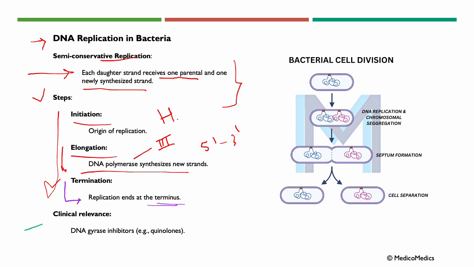Now, why is all this clinically relevant? Well, for example, in the development of antibiotics, some antibacterial drugs inhibit bacterial DNA replication. For example, quinolones like ciprofloxacin target DNA gyrase, which is a topoisomerase, preventing supercoiling and leading to bacterial death.